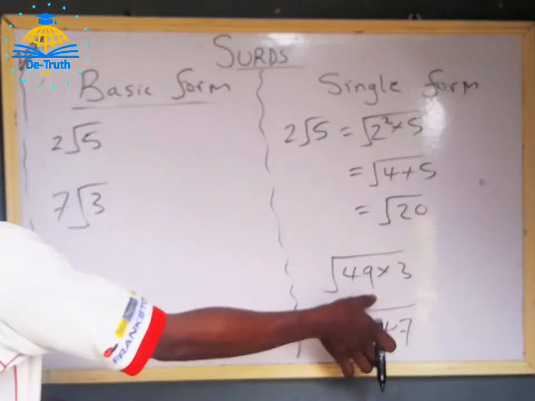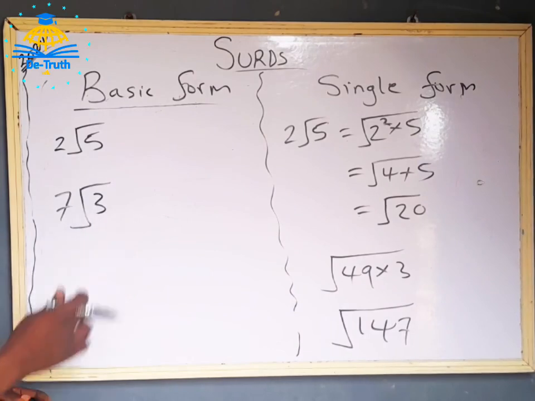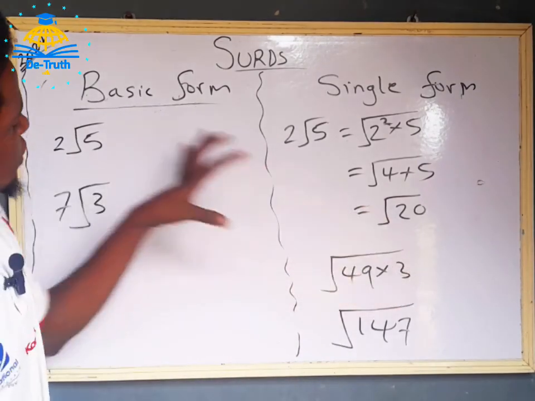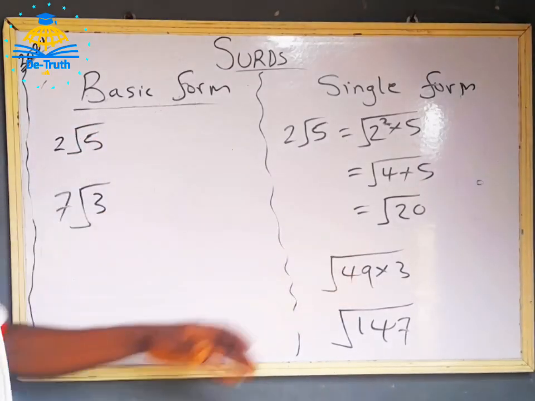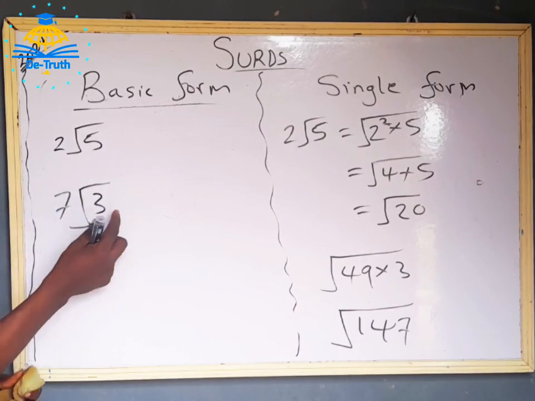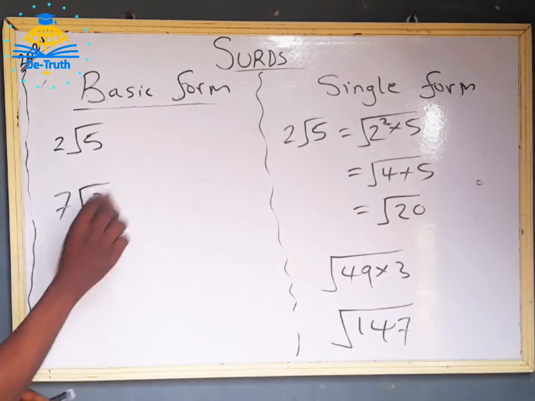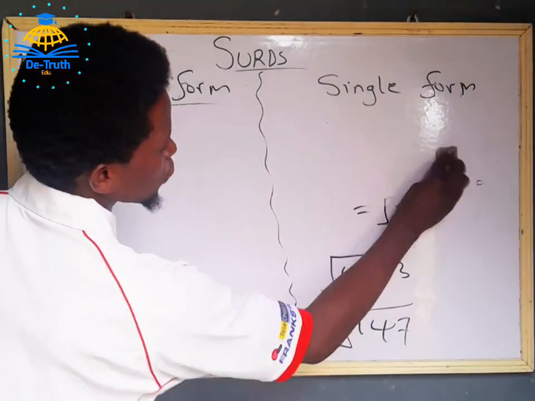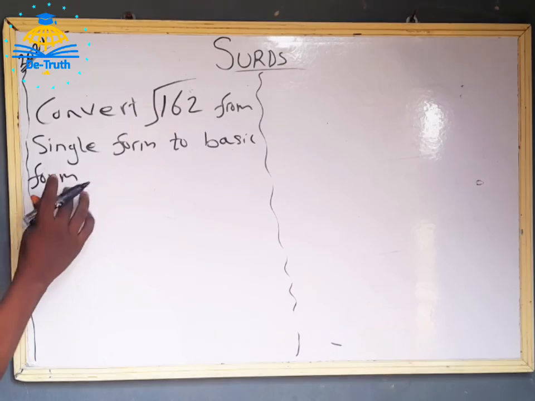So this is a single form and this is the basic form. It's very easy. From basic form to single form, you can see the way we did it: just square the number outside and multiply it by the one inside the root. Now, how about from single form back to basic form?